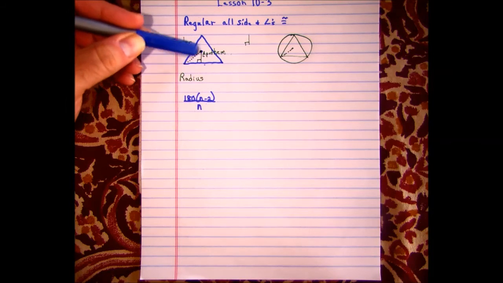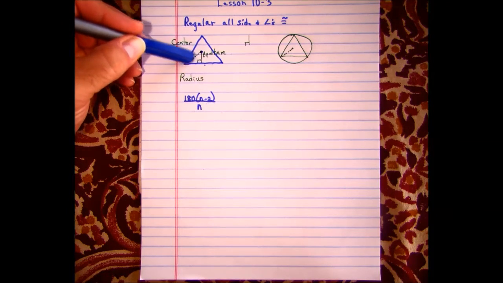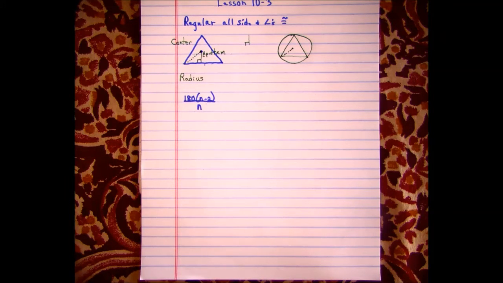Thus, if we know what the angle is here, we'll know what half of it is because the radius bisects the angles. That's an interesting thing to know so that when you're doing the work, you know what is being bisected.